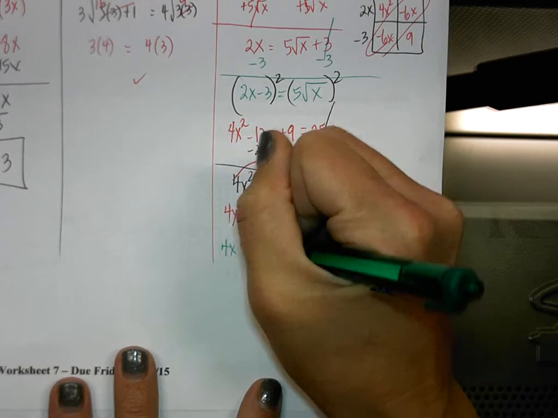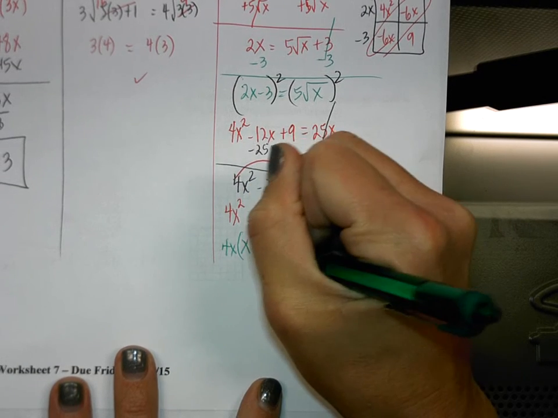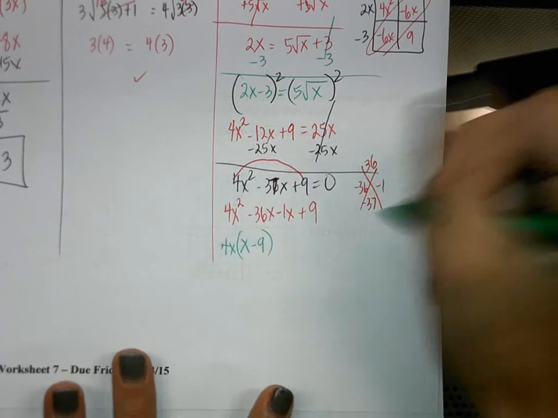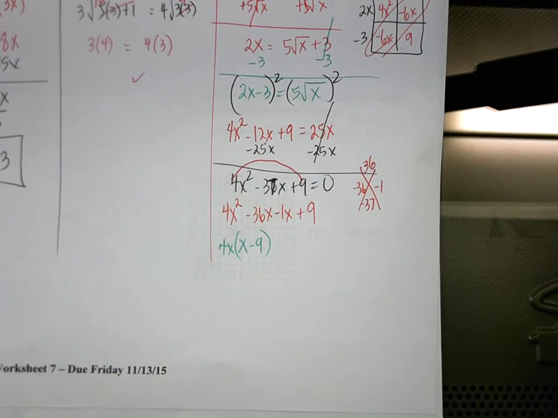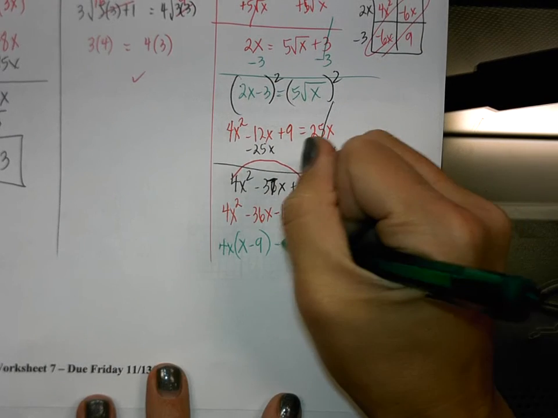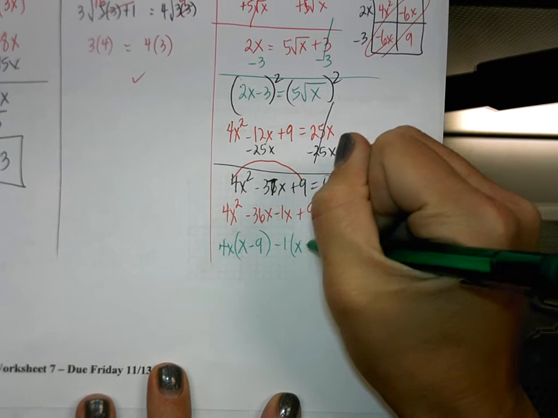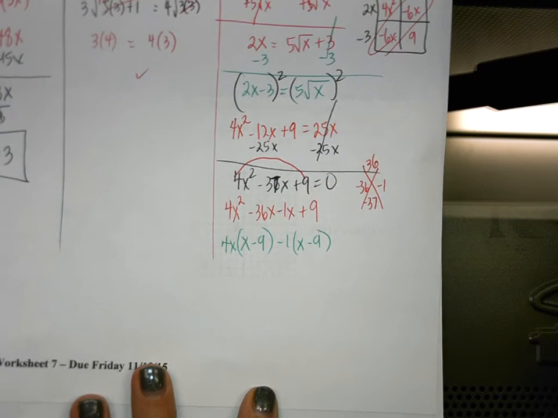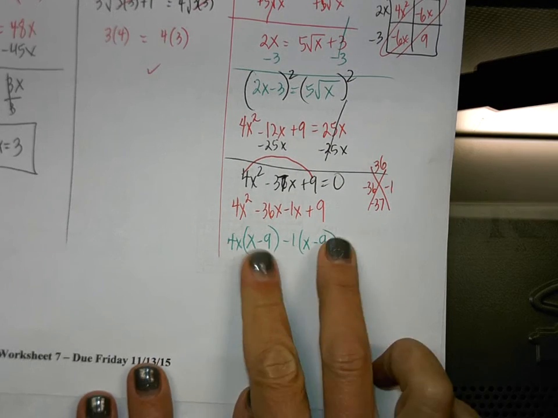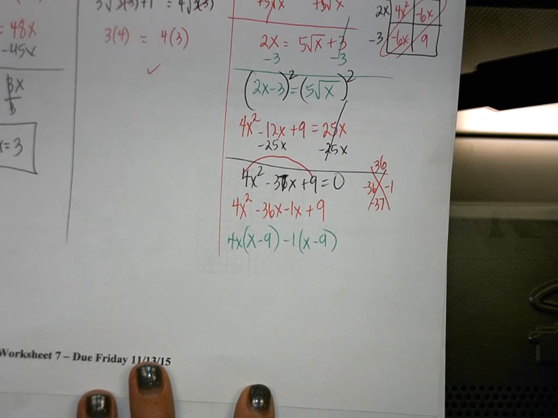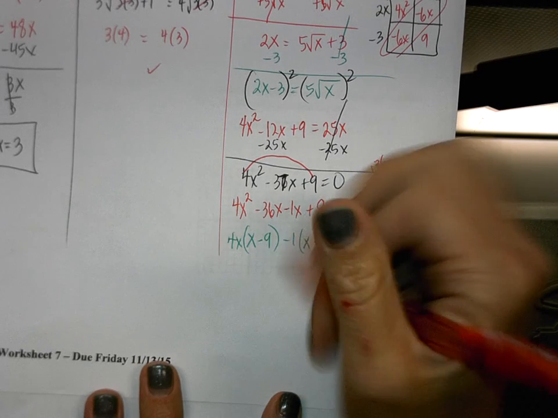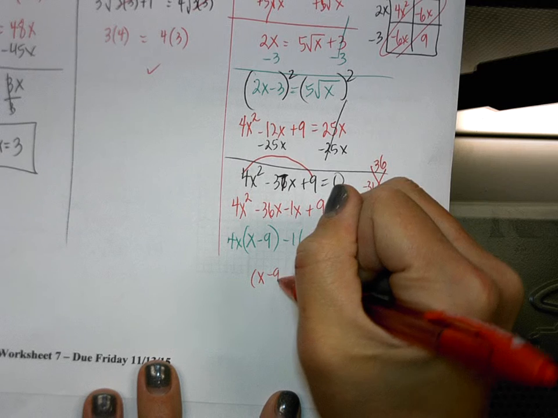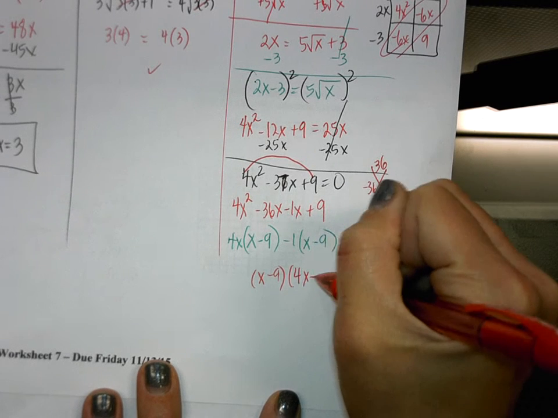And I'm left with x minus 9. And then my second group, what will I take out? Negative 1. Good. And then I'd be left with x minus 9. And so remember that this is now my GCF, x minus 9. So when this factors, it is x minus 9 and 4x minus 1.